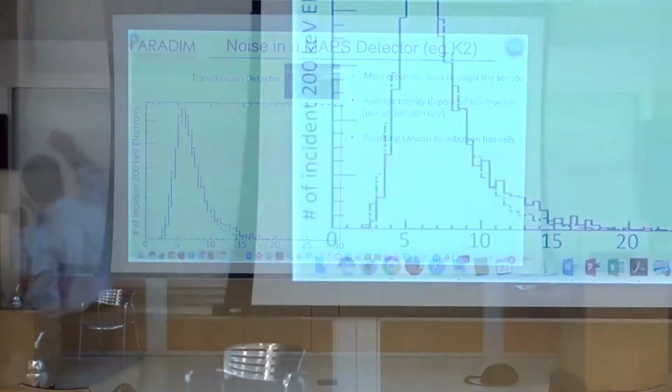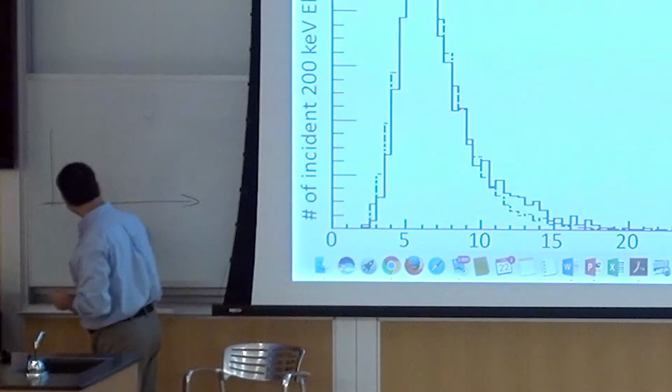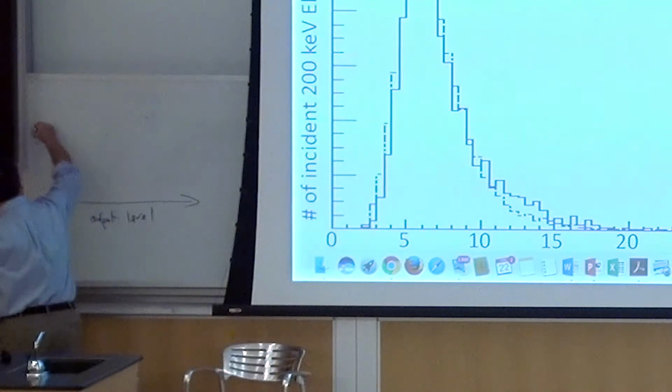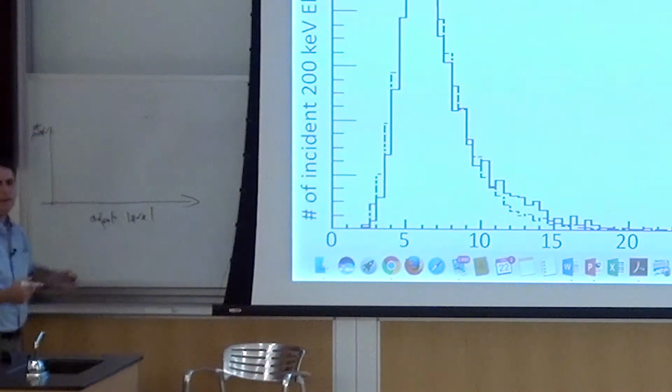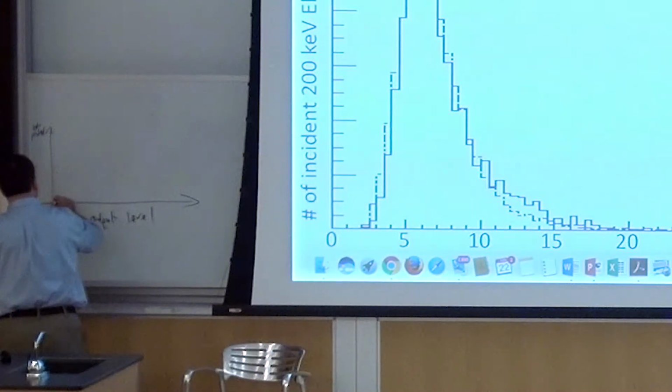So if you were to histogram the output signal level against the number of pixels that had that intensity, a histogram would have one peak over here.